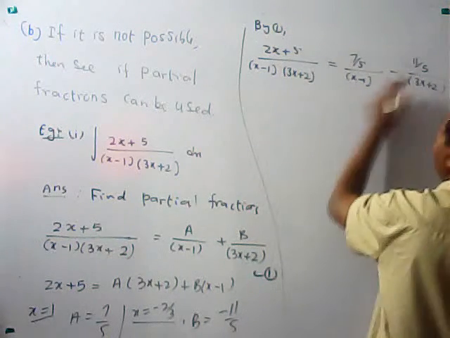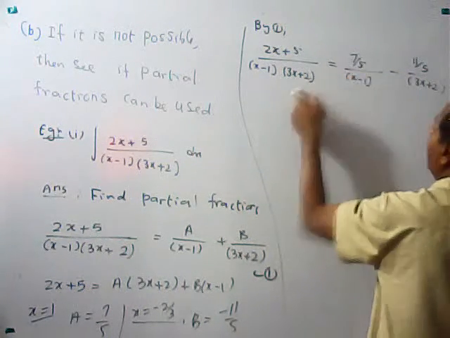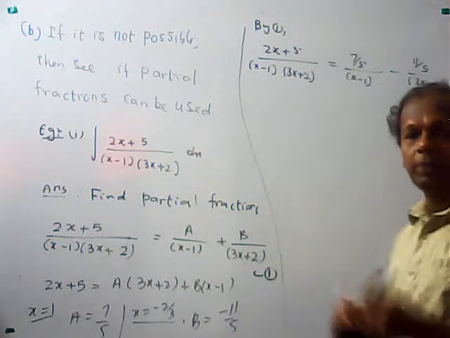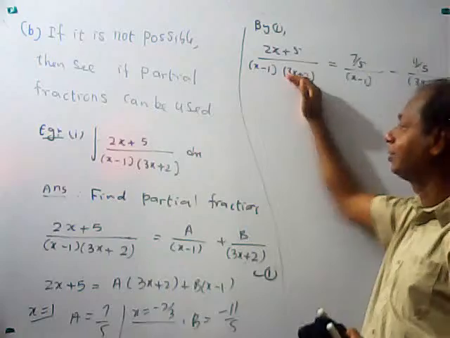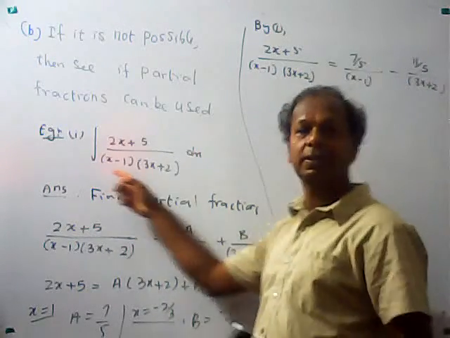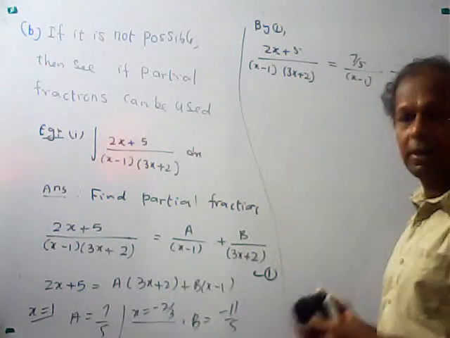So this side is equal to this side. We have broken it into partial fractions. Therefore, the integral of this equals the integral of the other side.